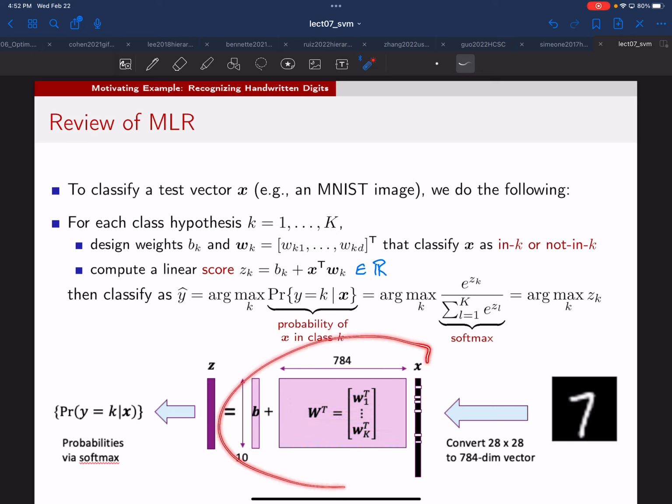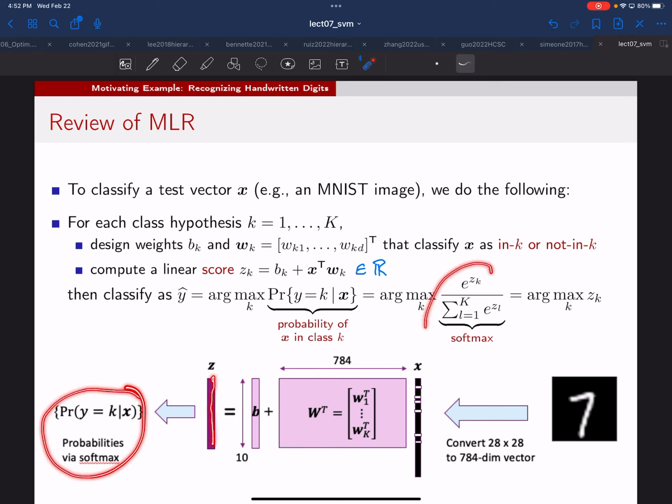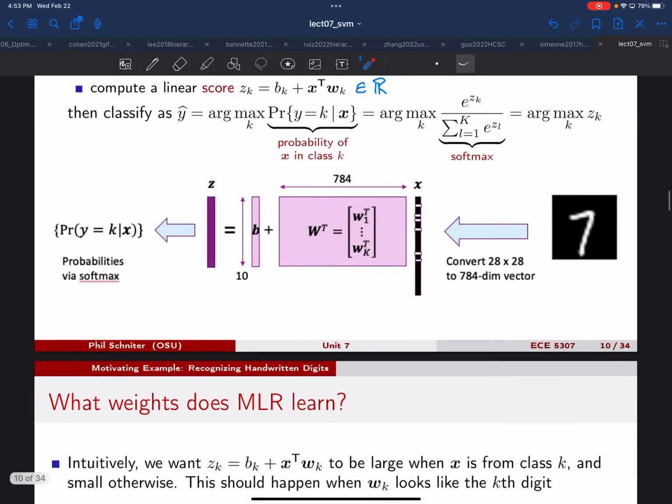And we do this matrix vector multiply, B vector plus W transpose X. That gives us the vector of scores Z. If you want, you can map this vector of scores to probabilities using the softmax. You don't need to. It's enough to just look through this vector and find the value that's the largest. And that's what you say, I believe sample X is in that class. Okay, so that's just a review of the procedure. Any questions on this? Okay.